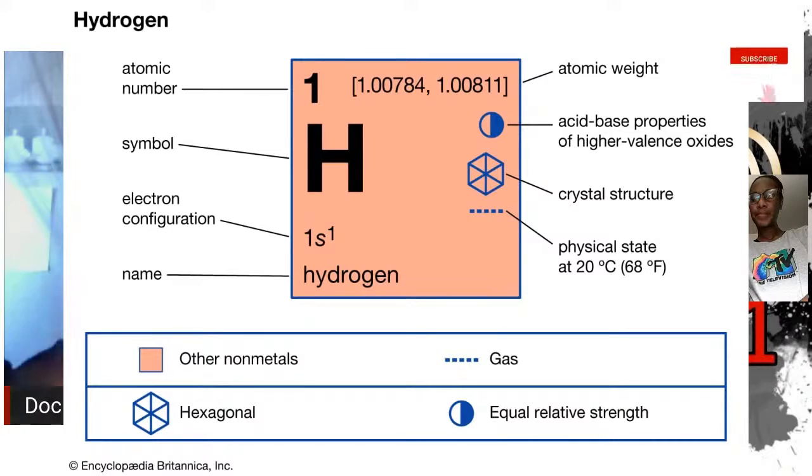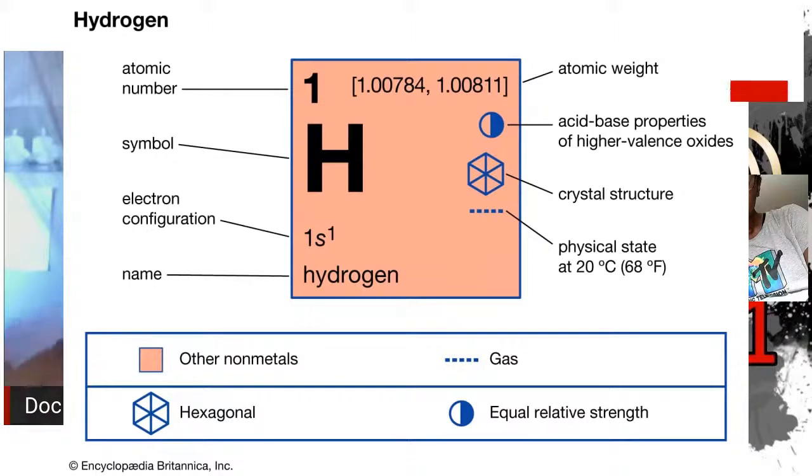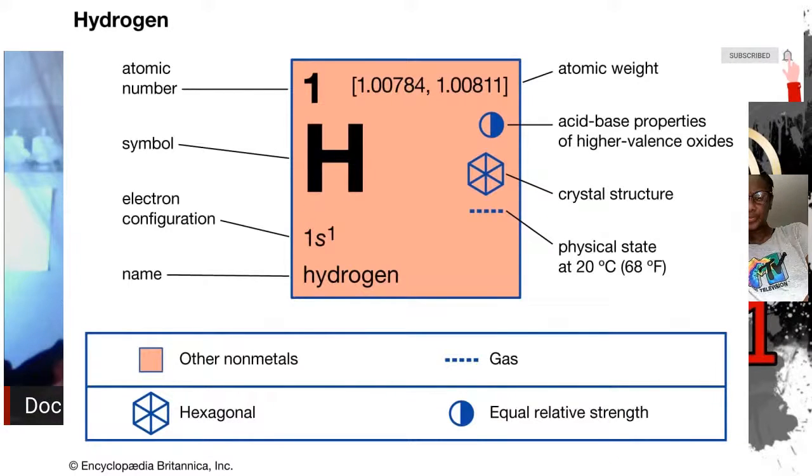And of course, they're going to tell you the whole name. Then they have two different numbers here, 1.00784 and 1.00811. That's because all the weights are kind of estimated, and now we're getting to the reason why the atomic number only says the number of protons: hydrogen exists as isotopes.